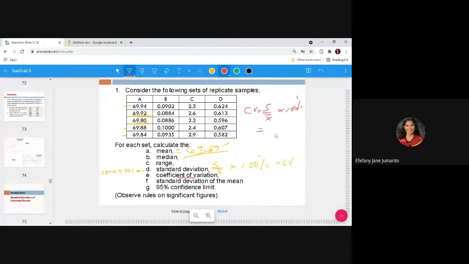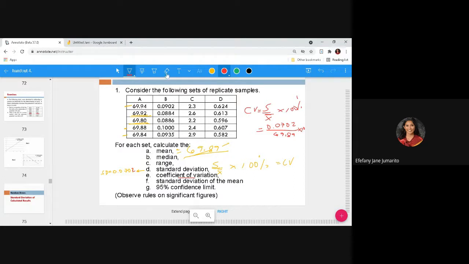0.0702. So we plug in that one, divided by X prime. What is X prime? What is the mean? 69.89 times 100%. Times 100.